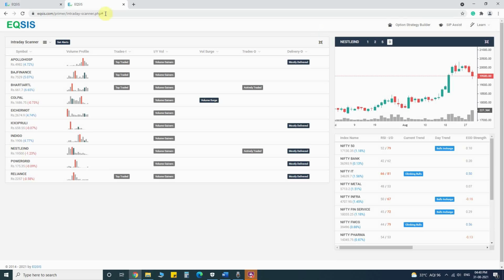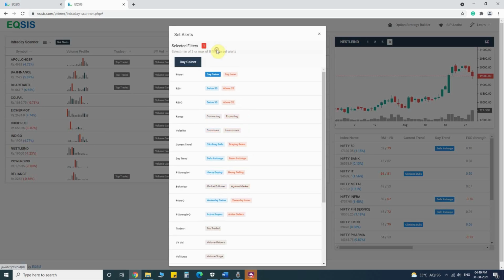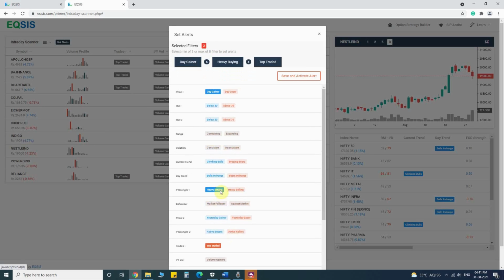Let's say I wish to trade based on day gainer, top traded, and heavy buying. If I want these three combinations, and when these three match, I should be informed. Then what you have to do is select all three, day gainer, heavy buying, top traded, and save this alert.